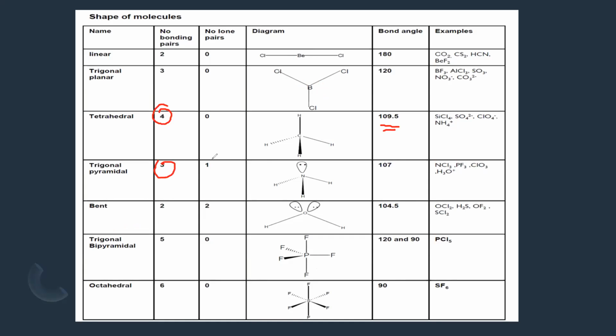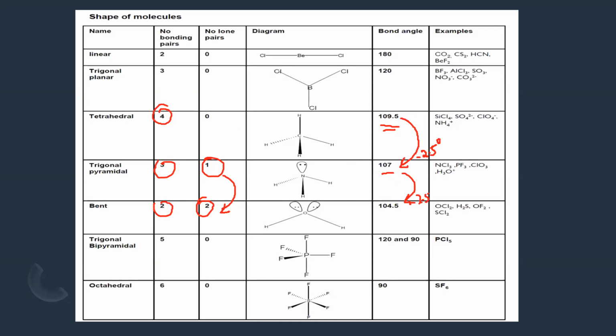But if three bond pairs and one lone pair, the bond angle is 107. So how much is the change? That is 2.5 degrees. Same way, if we have two bond pairs and two lone pairs, so lone pairs increase. So how much is the change? 107 minus 2.5, so that will be 104.5. So due to the presence of each lone pair, the angle will decrease by 2.5.